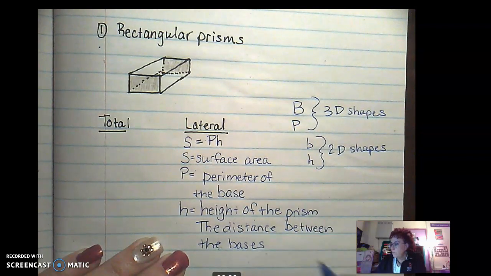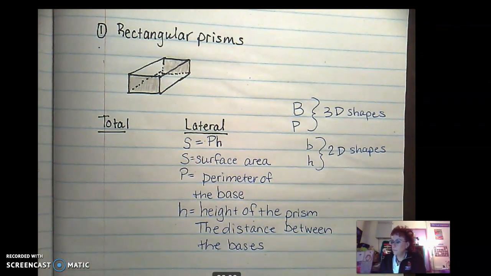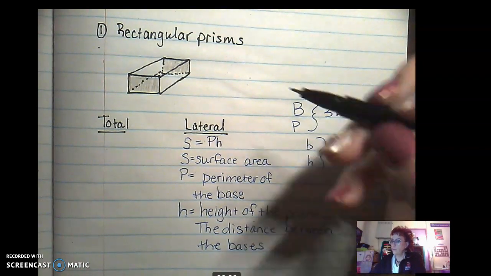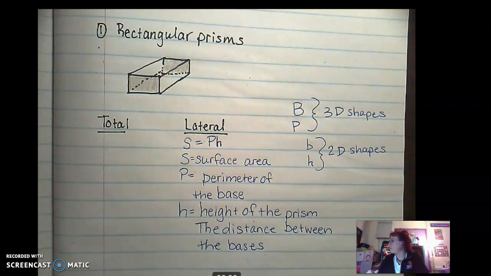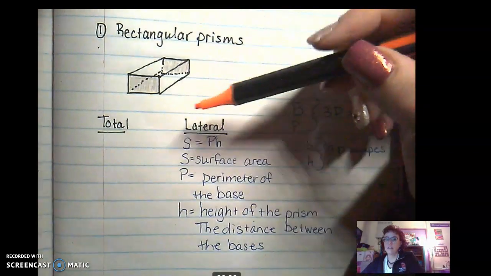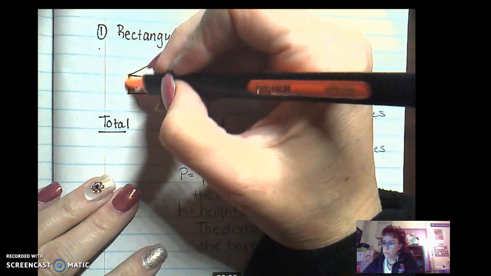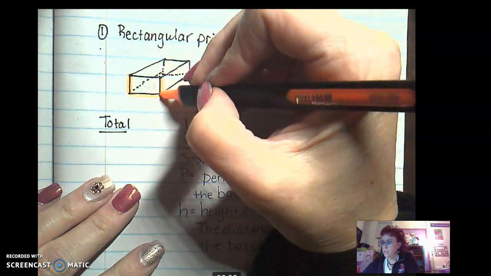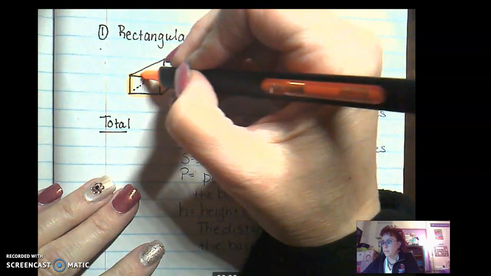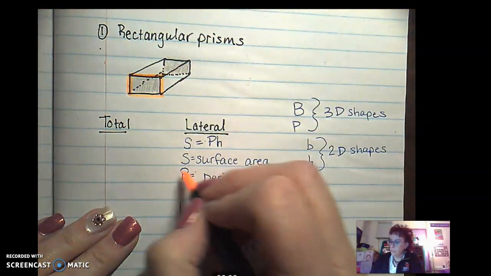Alright, so you can see right here, I do have the bases shaded. So if I'm talking about the perimeter of the base, then since I already have the bases shaded, I would be talking about the perimeter of just one base, right? That's what capital P stands for.